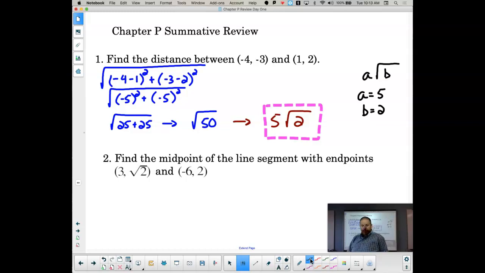That would be how we have to do it on the test, because the answer blank isn't allowing me to put a square root in there. So that's how we would get around that if something like this were to come up on the test. Okay?